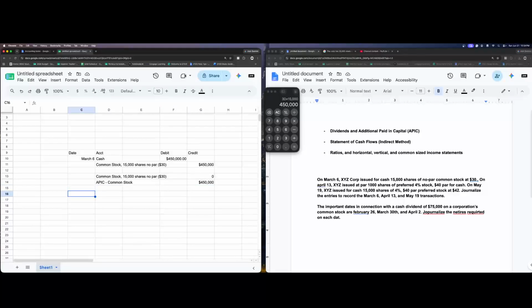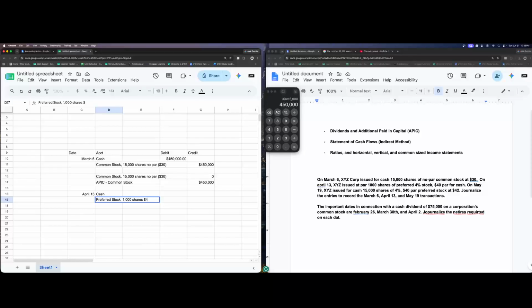But here's another one. They issued at par 1,000 shares of preferred stock. So here's one, April 13th. For cash, they issued at par 1,000 shares of preferred stock, $40 par.